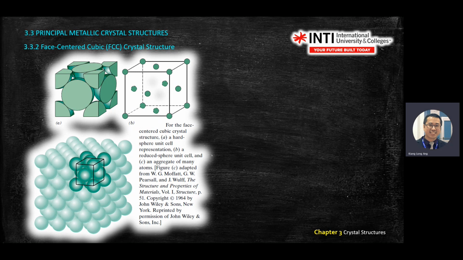Can you imagine how the atoms pack? So this one is a half sphere, half sphere, half sphere, half sphere. Top also half, bottom also half. So how many big circles like this do you have? You have 1, 2, 3, 4, 5, 6, right?